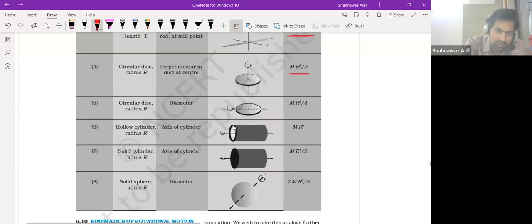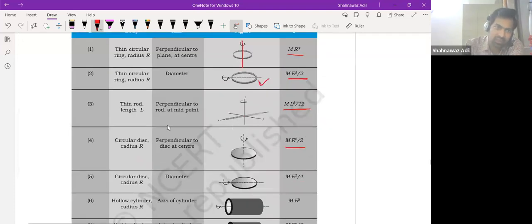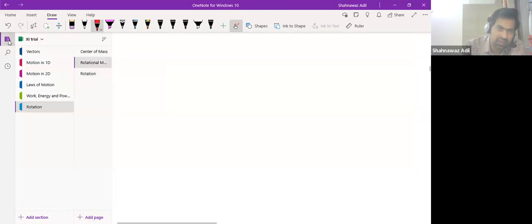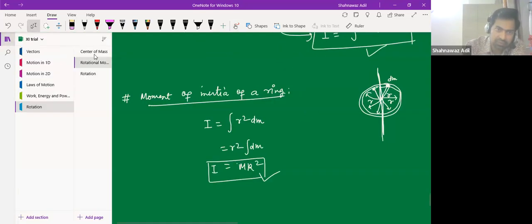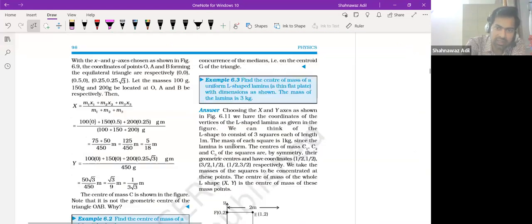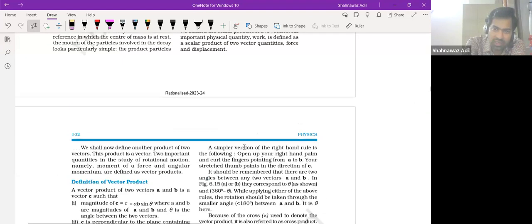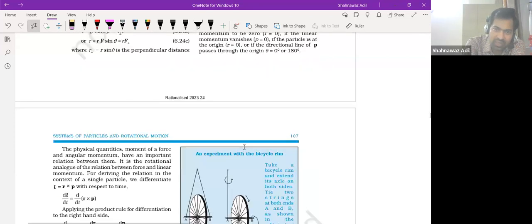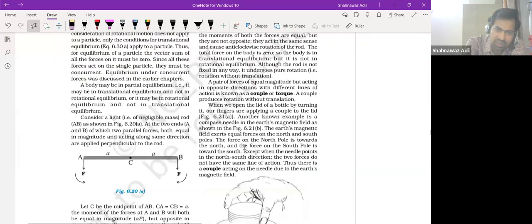This is the moment of inertia, and there is a term called the radius of gyration. We understood that the moment of inertia of different objects is different when we calculate it about the axis of rotation.